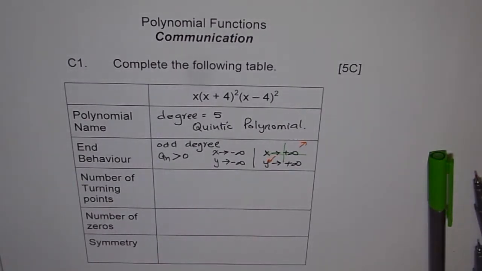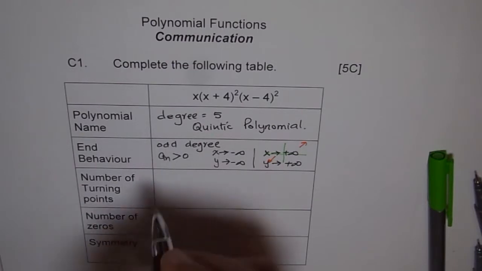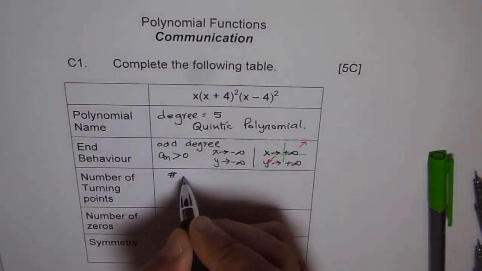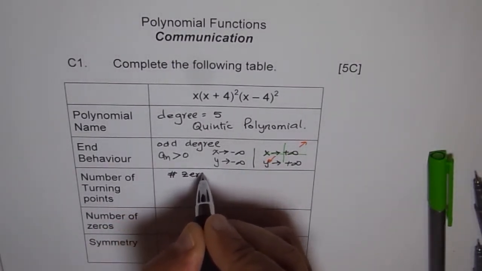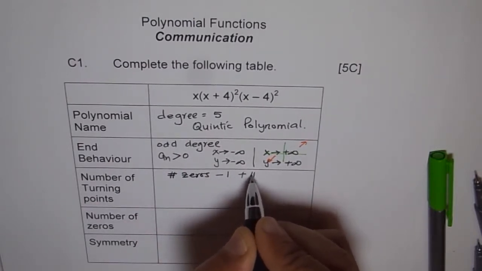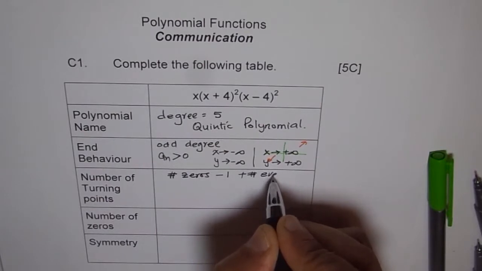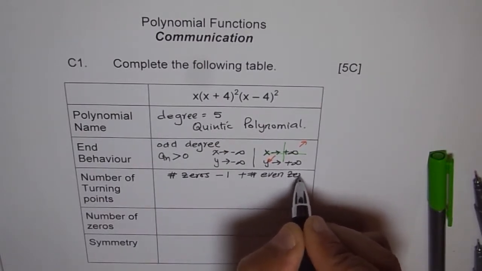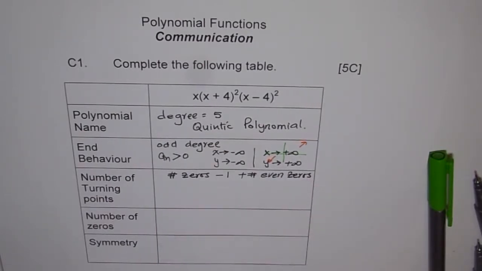Number of turning points. We can find the number of turning points from the number of zeros. Do you know how? The formula is number of zeros minus 1 plus number of even zeros. Why?